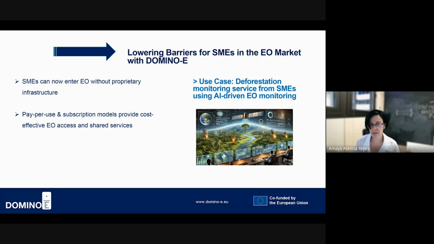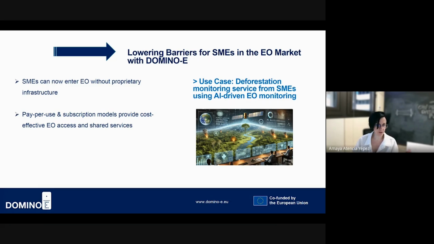As I mentioned before, this is an opportunity for SMEs to enter this market without necessarily owning any infrastructure or constellation, or being data providers. And SMEs can develop services based on the concept of pay-per-use or subscription models, in this business-to-business or business-to-government approach.